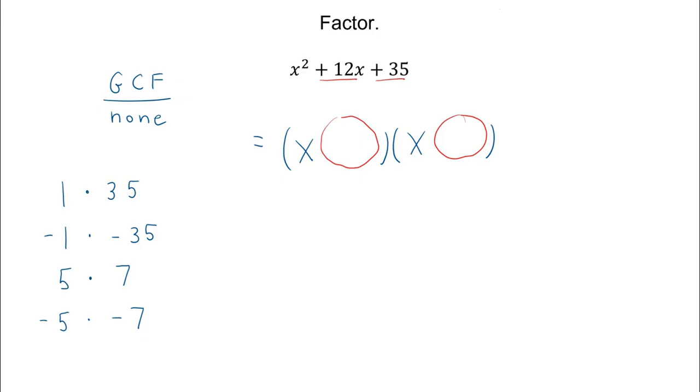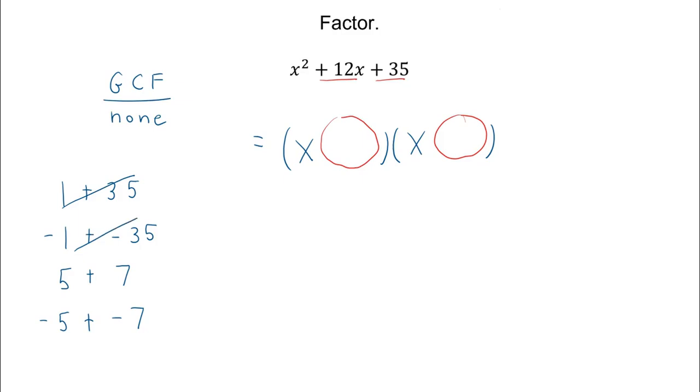But now I have to pick the right combination that when I add the 2 numbers together, I get 12. So I'm going to take all of my multiplication symbols out now, and I'm going to put a plus between all of them, because now I need the numbers that I choose to add to get 12. Well, obviously 1 plus 35 isn't going to work. Negative 1 plus negative 35 is negative 36.